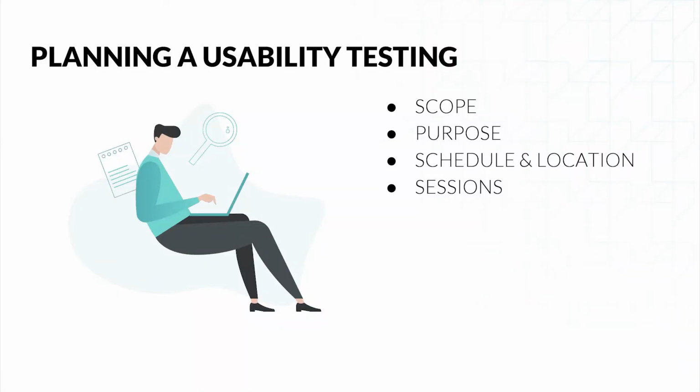The next part, sessions. The session is the usability study that is performed with one person. So first of all, how long is the session going to be? Usually the sessions for usability studies should last around 1 to 1.5 hours.